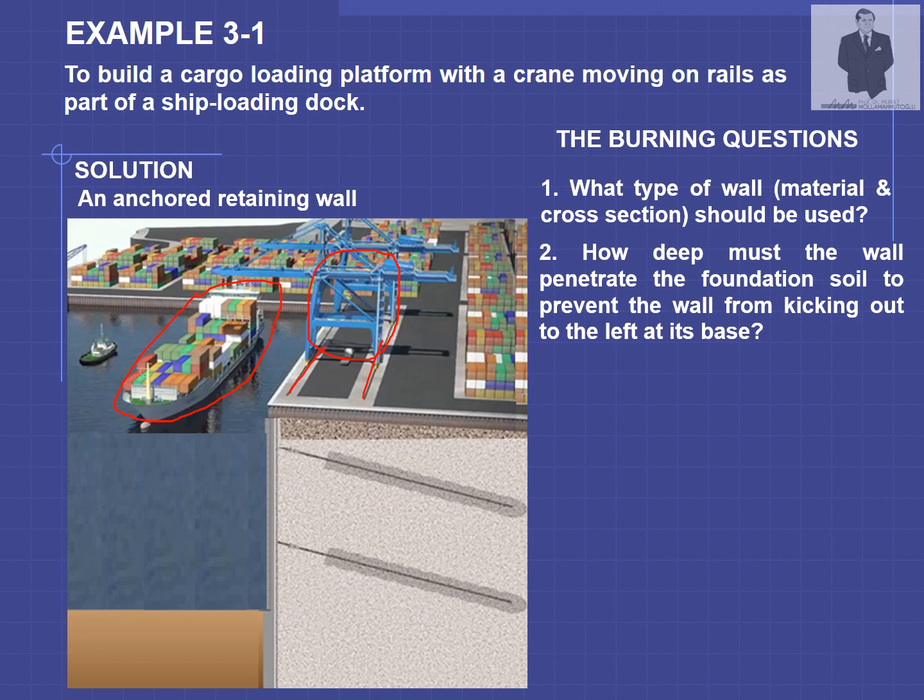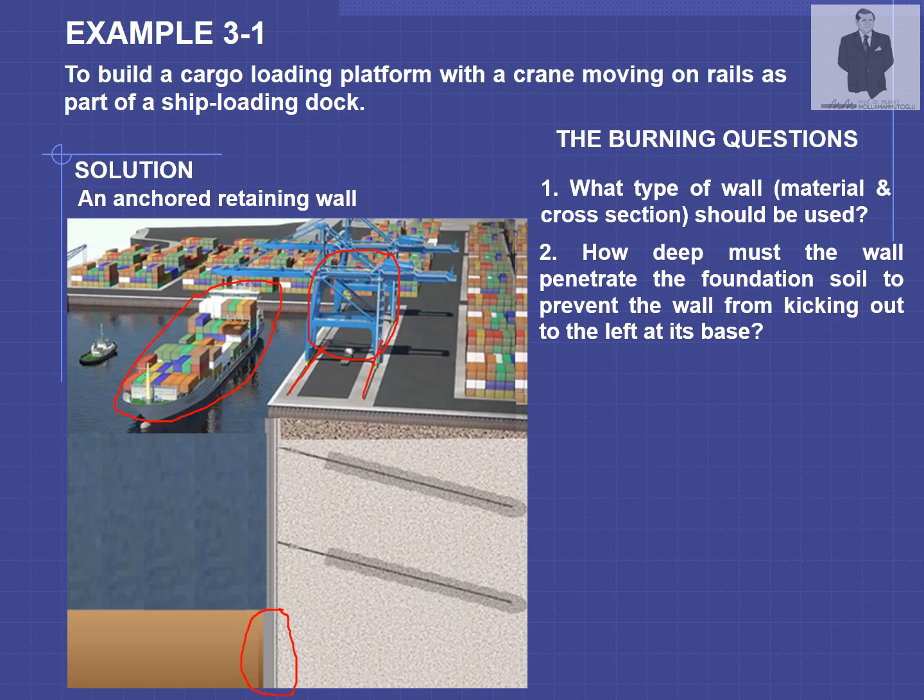Now we are talking about the lower portion of the retaining structure as shown here. This portion should have a sufficient penetration depth. Otherwise, it will be moved forward due to pressures acting behind the retaining structure. And if it moves, then the structure will fail.